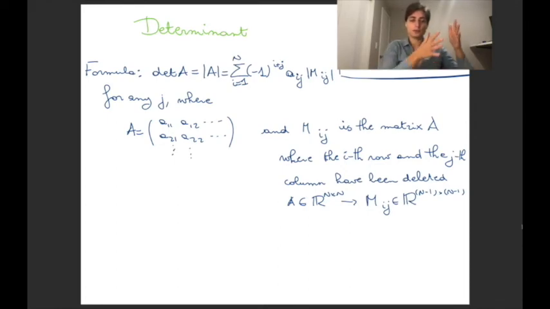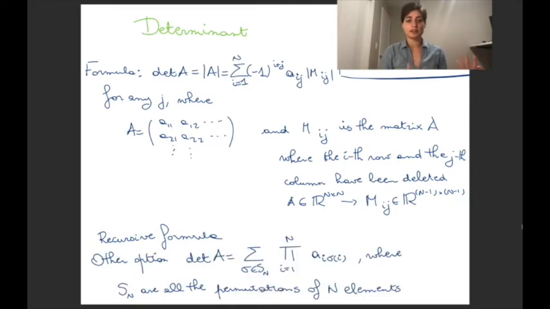So the determinant of A is something with a constant and the term of A times a determinant of a smaller matrix, one row less and one column less. This is a recursive formula. It's very cumbersome to compute.